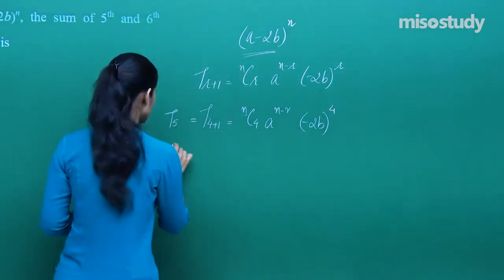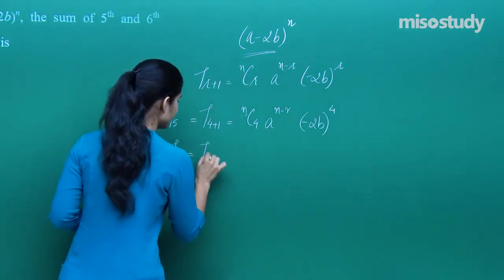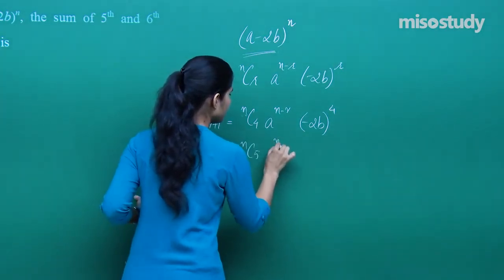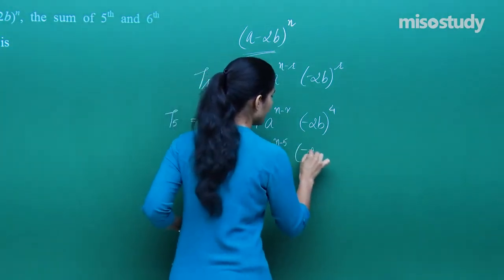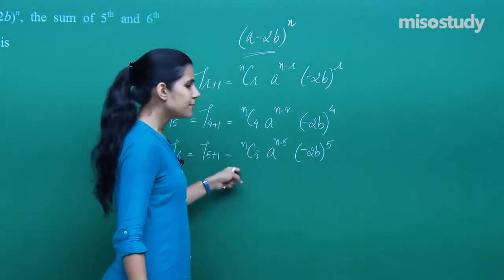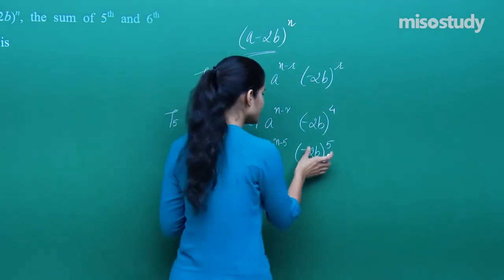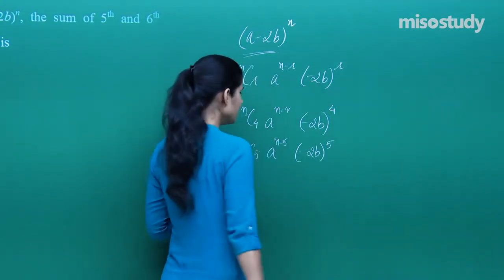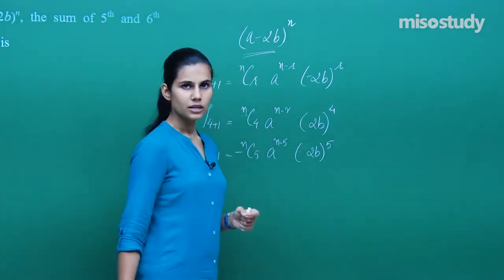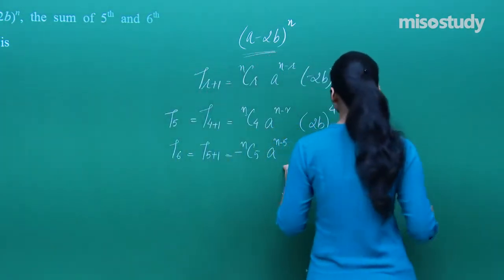And what about the 6th term? It is T5 plus 1, which is nC5 a to the power n minus 5, minus 2b whole to the power 5. Now they are adding up to give you 0. You know that minus 1 to the power 5 is actually minus 1 and minus 1 to the power 4 is 1. So when you add both of them you get 0.